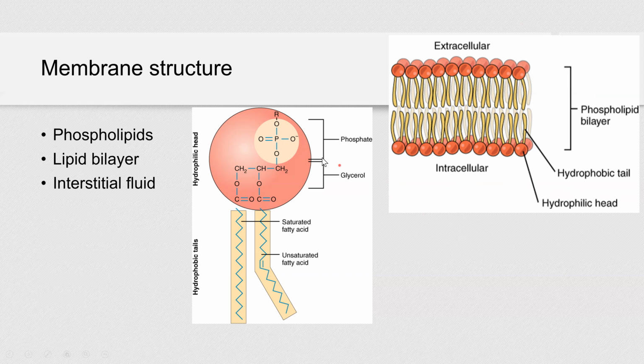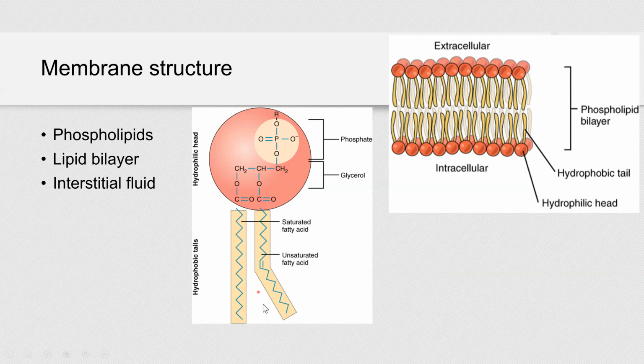Now the phospholipid is shown over here. The diagram of a phospholipid molecule is shown here. So it's a fat, and it's made of glycerol. So that's a glycerol molecule. Two fatty acids attached, and another group is attached, that is a phosphate group. Now, where we have this glycerol and phosphate, we call it a head.